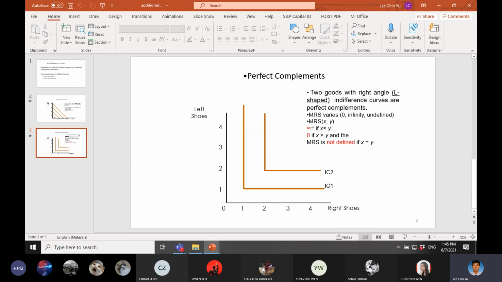If you don't put in the fixed ingredients, you cannot make a cake. Shoes are also the same, they must be a pair. Having more shoes on one side compared to the other side doesn't increase your utility. So this is the idea.